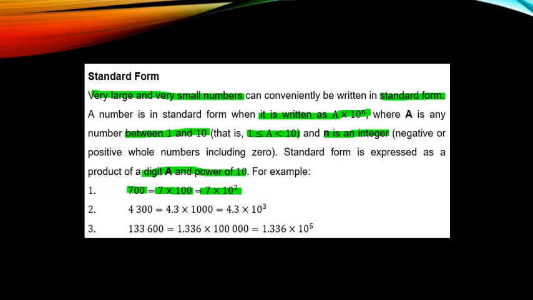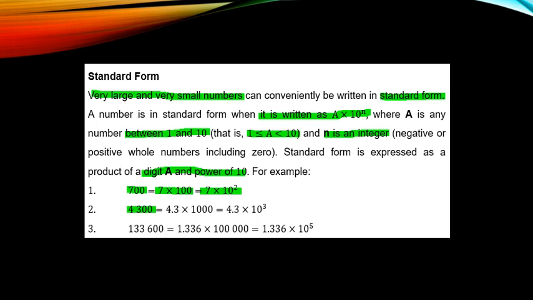So let's look at 4,300. Now the way this number is, for us to have a that is between 1 and 9 inclusive, it means it must be 4.3. So a must be 4.3.